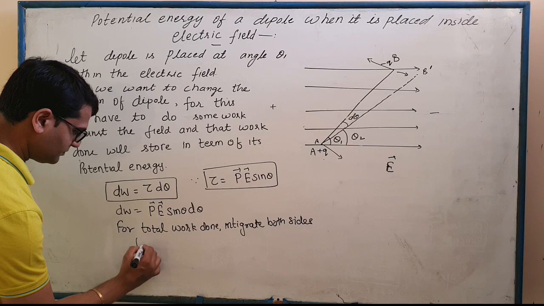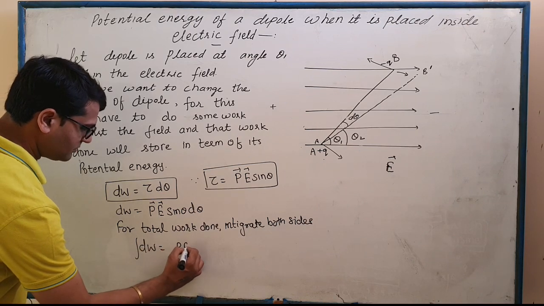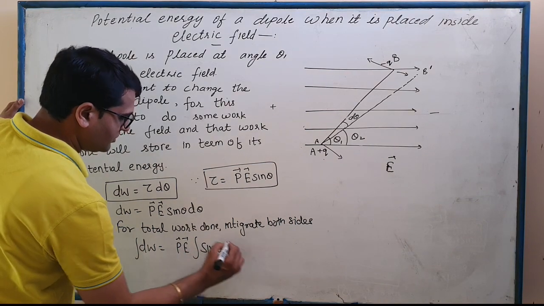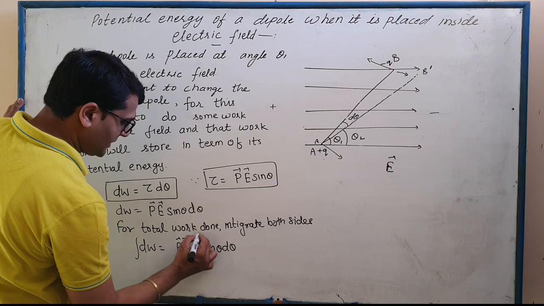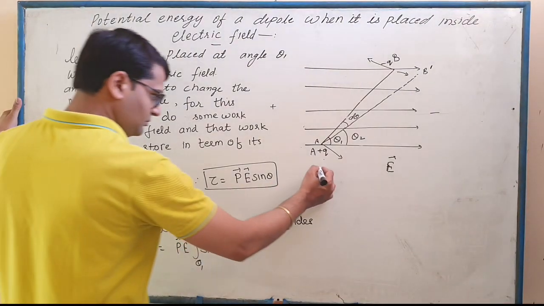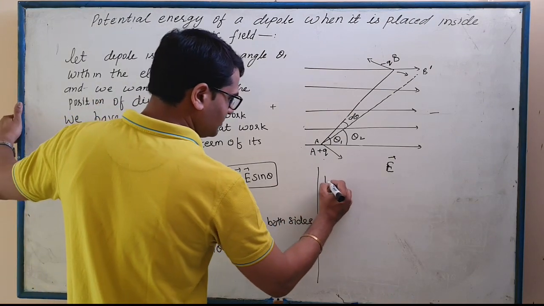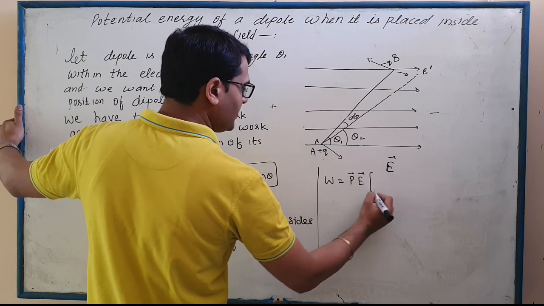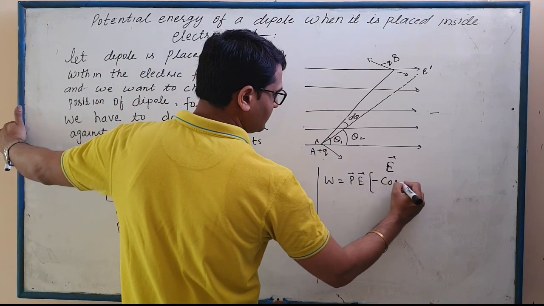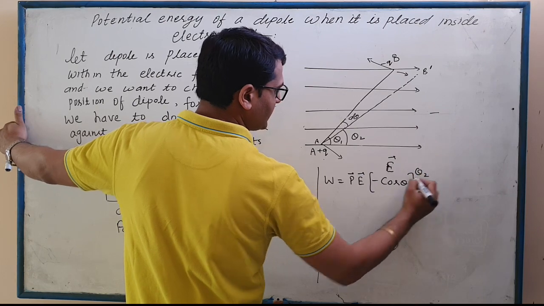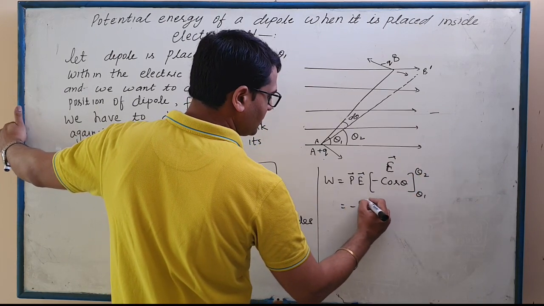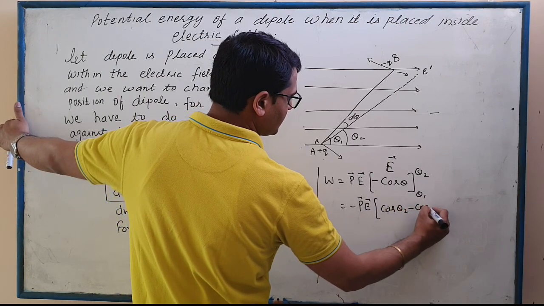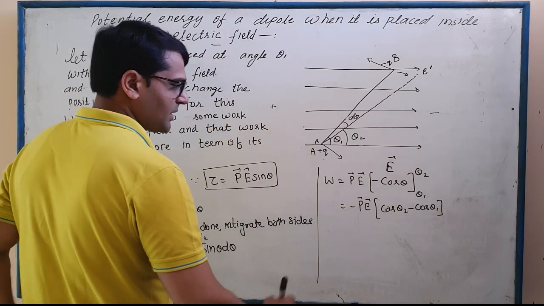Then we will get P into E, I am keeping outside, sin theta into d theta, and we are changing the angle from theta 1 to theta 2. Integration of dW is W, PE. Integration of sin theta is minus cos theta, with limits from theta 1 to theta 2. So we can put the limits, cos theta 2 minus cos theta 1, right?